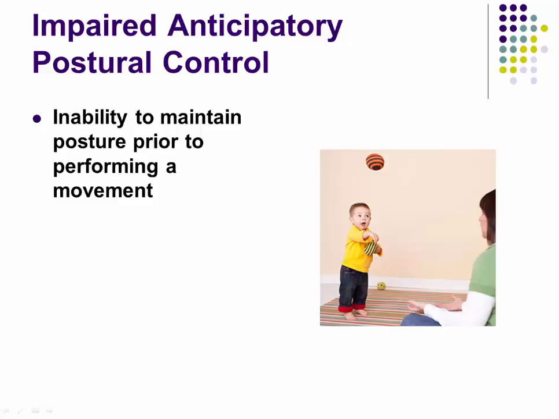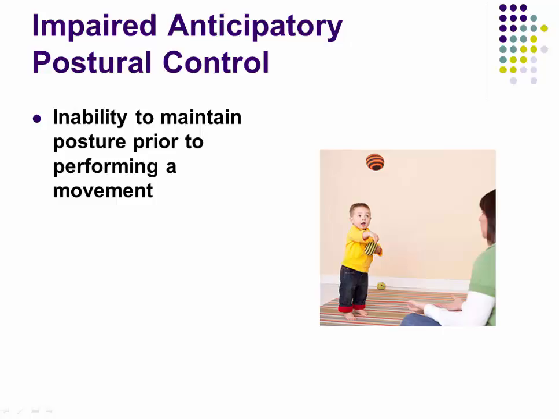When I think about anticipatory postural control, if you've ever water skied, you're down in the water getting ready to get up on the skis, and for some reason the boat takes off before you're ready and you fall flat on your face. Because you have to stabilize your body, core, maximum stability, in order to have that force pull you up with the water ski. Well, this happens in every movement that we do. That was a much more dramatic example.